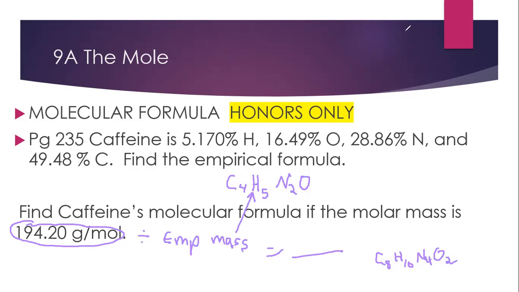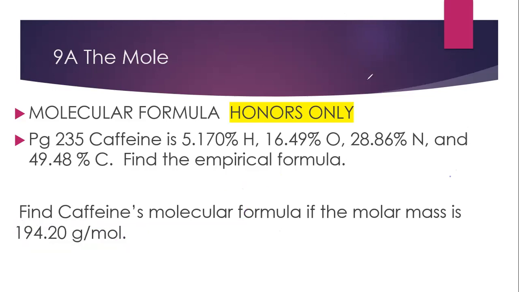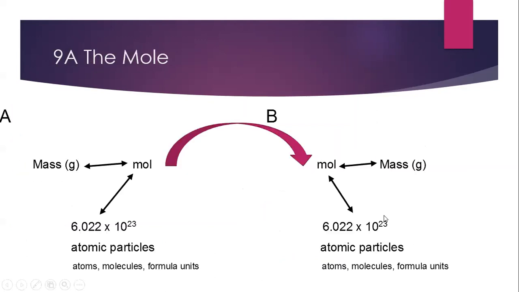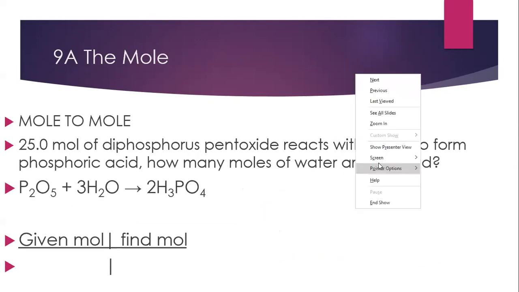So that should be the molecular formula for you. Calculate these, figure them out in your notes, and here are the answers to confirm whether you got them correct or not. Okay, let's see if there are any other problems. We're going to go ahead and finish the video there.